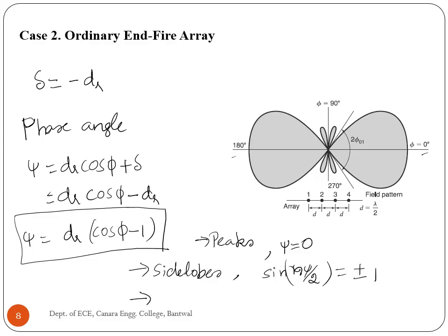Condition for nulls is sine of n xi by 2 equal to 0.